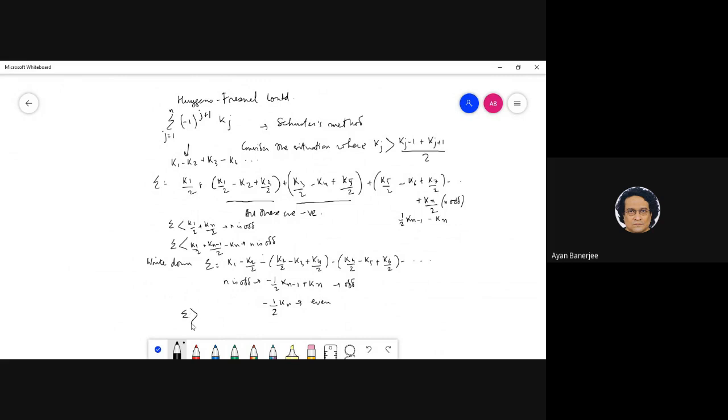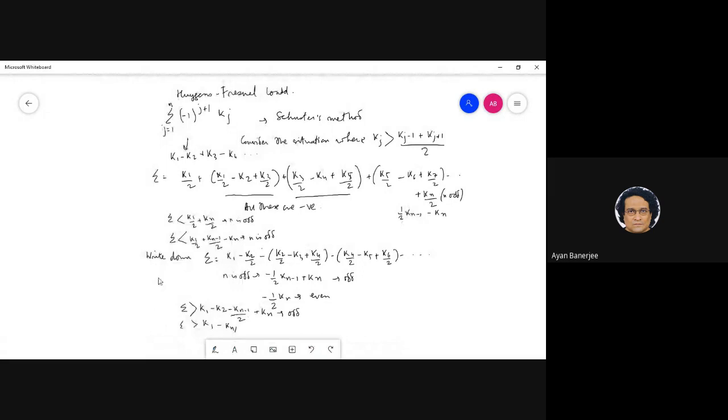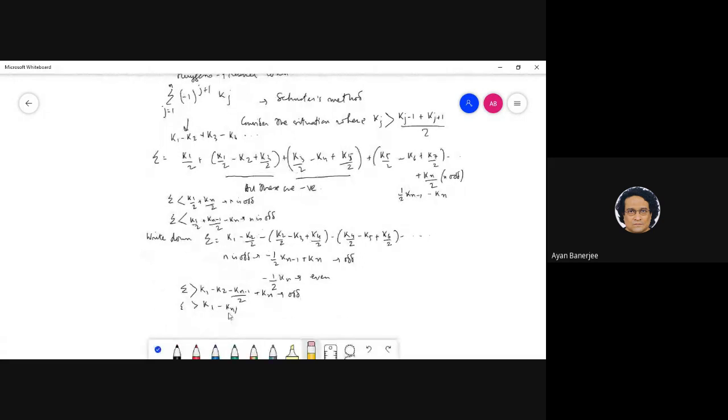So basically sigma is now greater than k1 minus k2 minus k(n-1) by 2 plus kn when n is odd, and greater than k1 minus kn/2 when n is even.